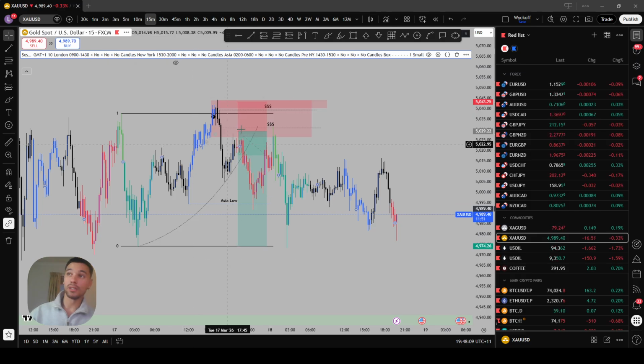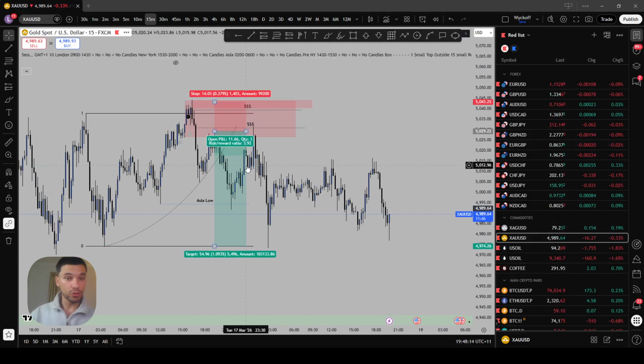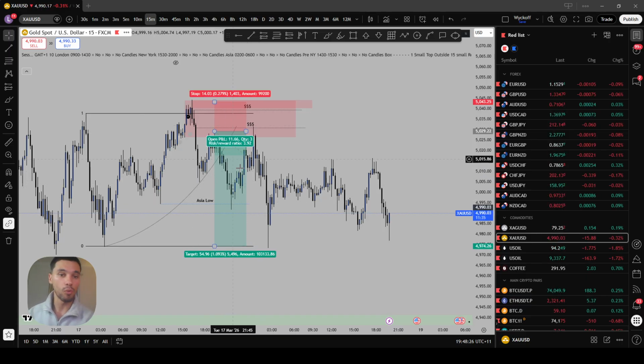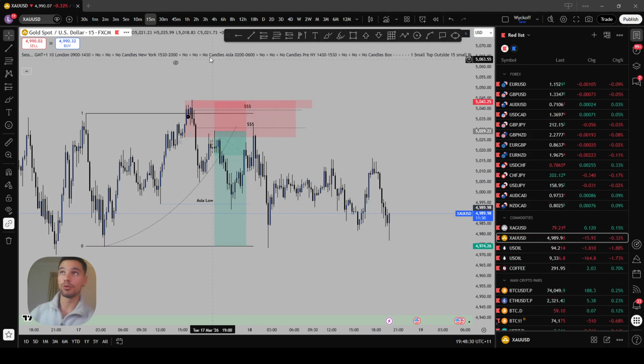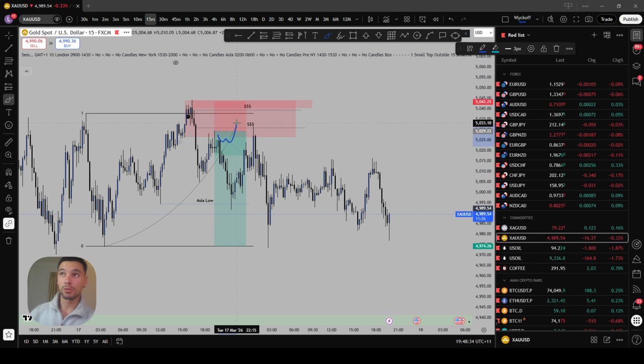sweeping extreme liquidity. Theoretically speaking, you want price to sweep extreme liquidity, break structure to the downside, and that actually has the effect of pushing price down into either Asia session low or high, depending on where the pair is. So obviously, Asia low wasn't yet taken out, therefore you would expect price to sweep extreme liquidity first and then move down for that Asia low, which kind of happened the other way.